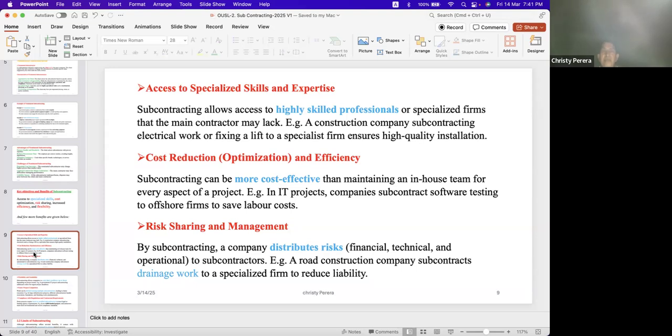Subcontracting allows access to highly skilled professionals or specialized firms that the main contractor may lack. Maybe the main contractor doesn't have that specialty or experts. In that case, he can take, not the nominated subcontractor, that part is over now. Now we are talking about the normal subcontractors.